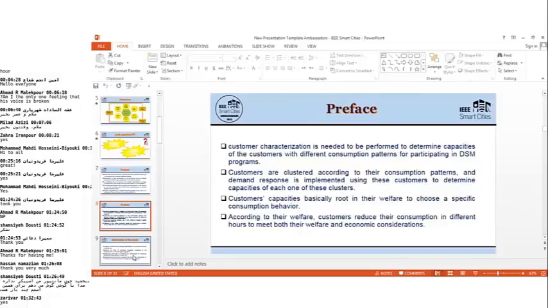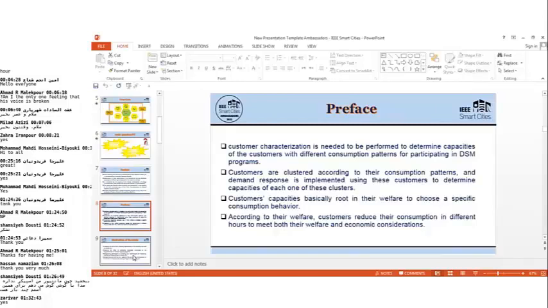In other words, as you know, customers do not show the same consumption behavior, consumption pattern, and load profile as a whole in different time zones. And actually, they don't have the same effect on the whole load profile of the grid.